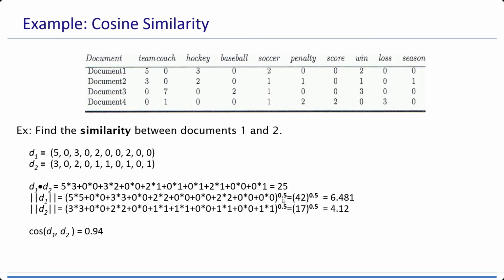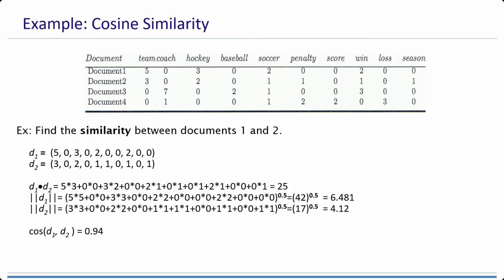Do you know what is power 0.5? It is the square root of the length of D1, and then we do the square root of the length of D2, and we got this value.